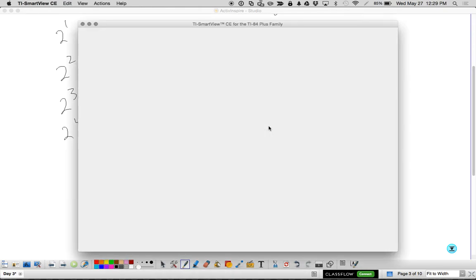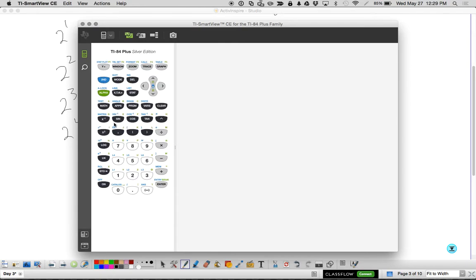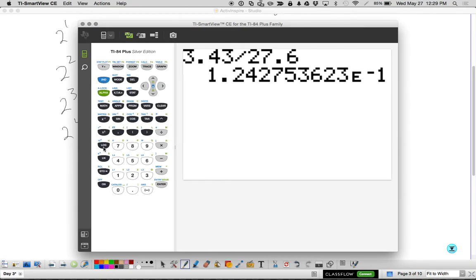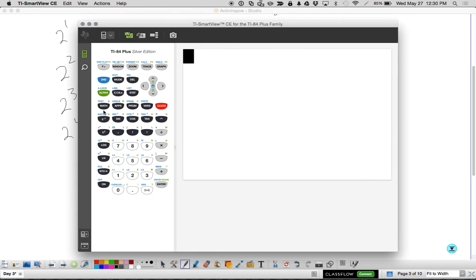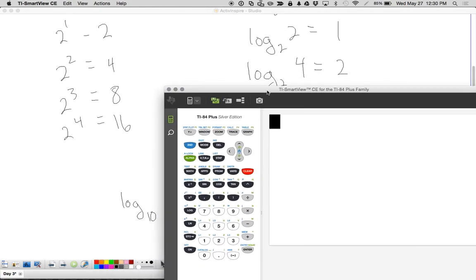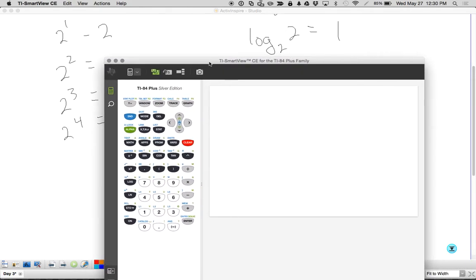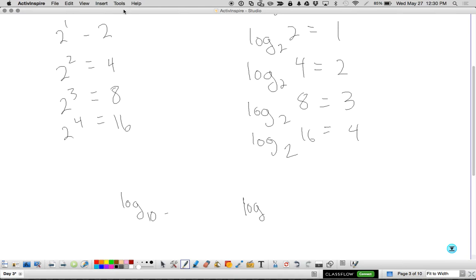Your calculator will hopefully look something like this. You'll see over here you have a log value. I'm just going to clear everything. So here's my log. Okay, so let's do this kind of scale with logs.